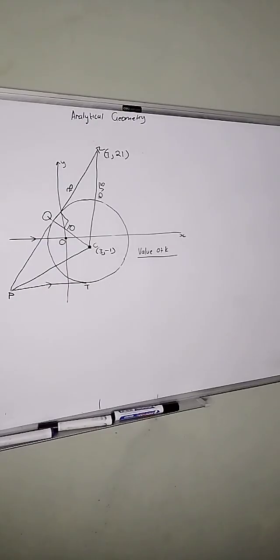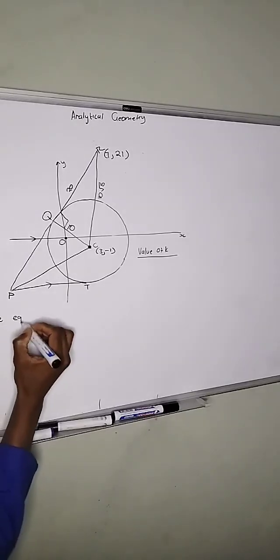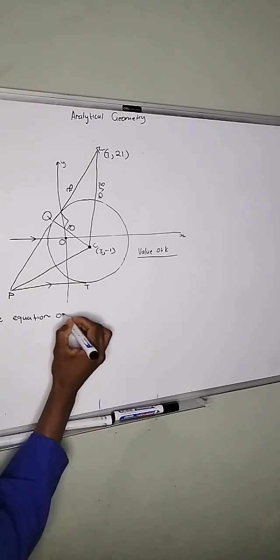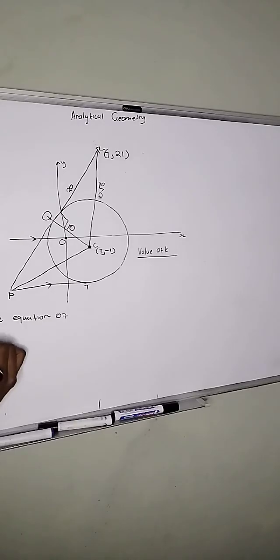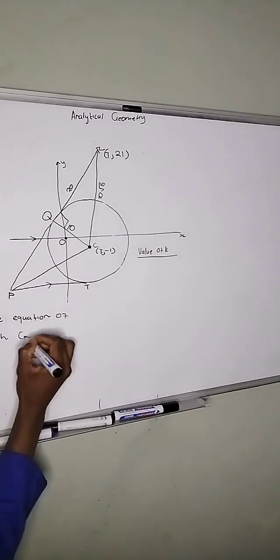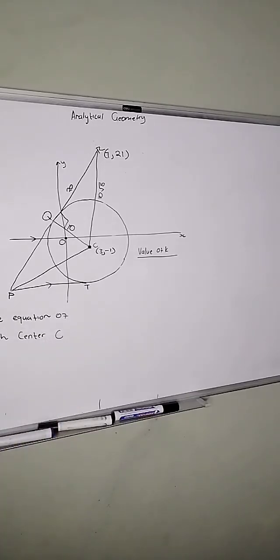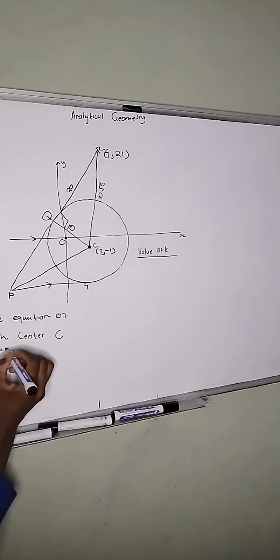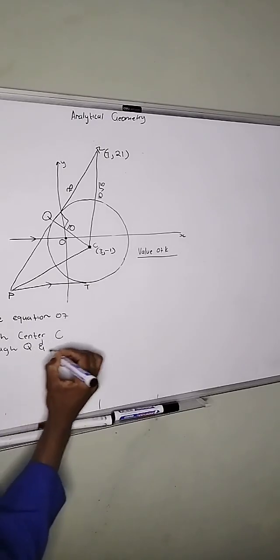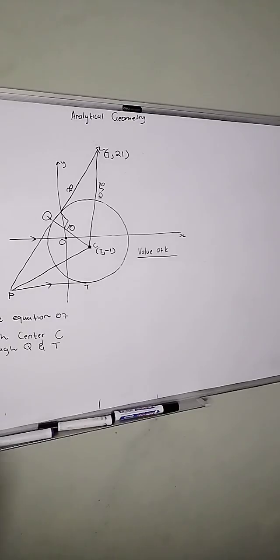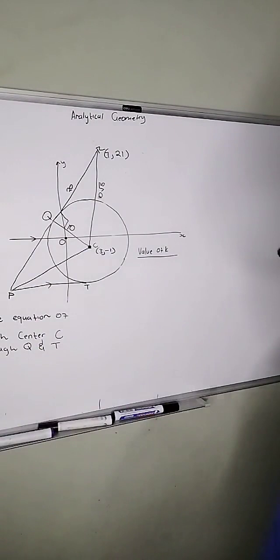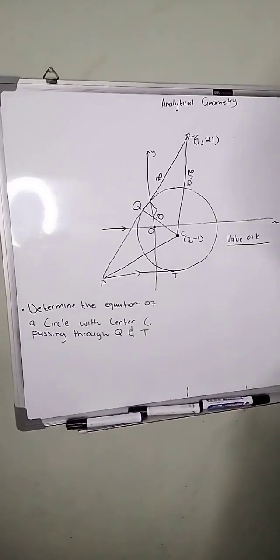So they are saying determine the equation of a circle with center C passing through Q and T. Okay, here's the board, my friend.